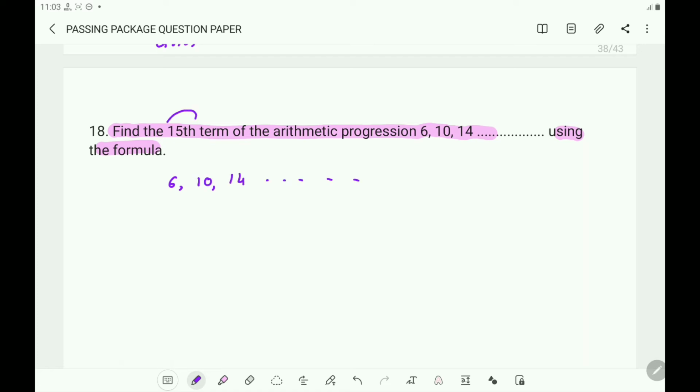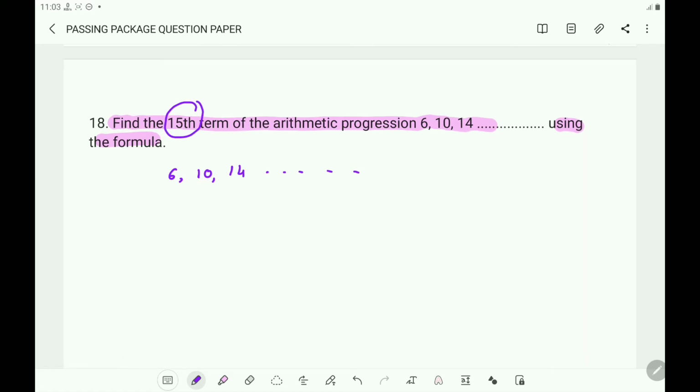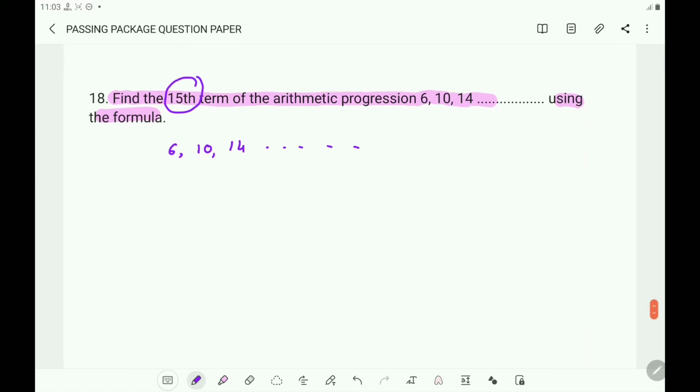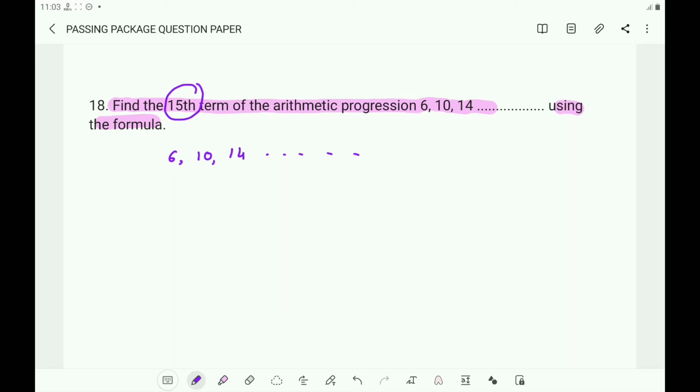We have to find the 15th term. You know the formula to find the nth term of a given AP, that is an equals a plus n minus 1 into d.